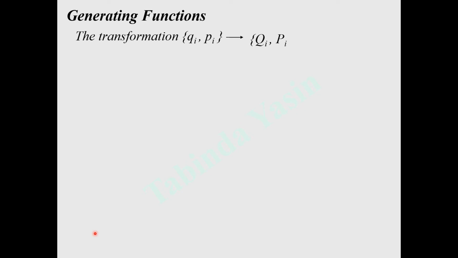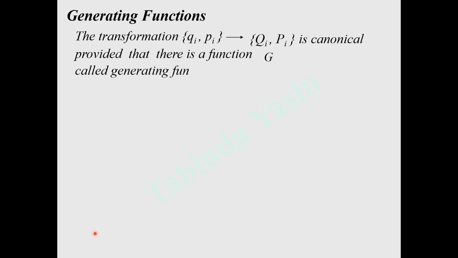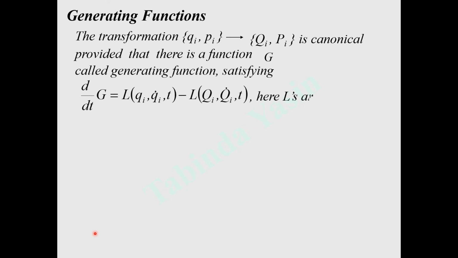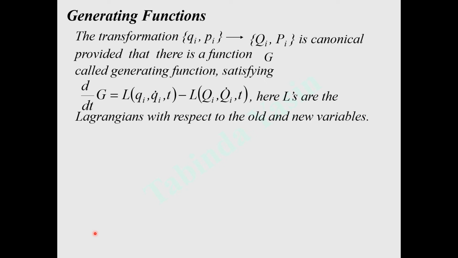The transformation from Qi to the new coordinate capital Qi is canonical provided that there is a function capital G, called the generating function, satisfying dG over dt equal to L, the Lagrangian in terms of Qi and Qi dot and t, minus L in terms of capital Qi and capital Qi dot and time, where the L's are the Lagrangians with respect to the old and new variables.